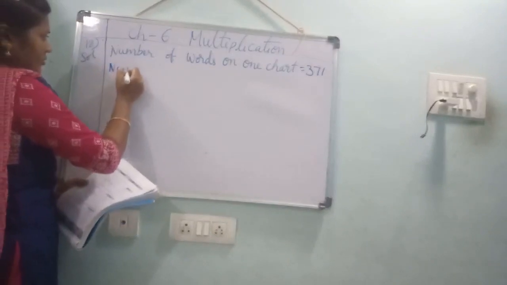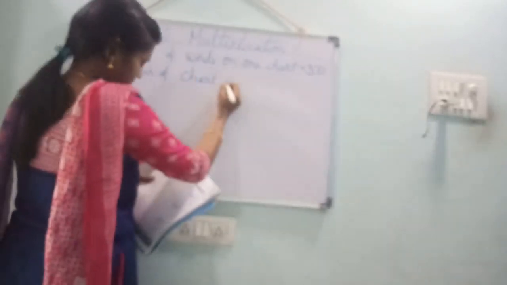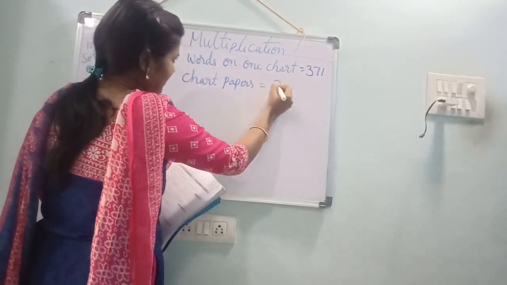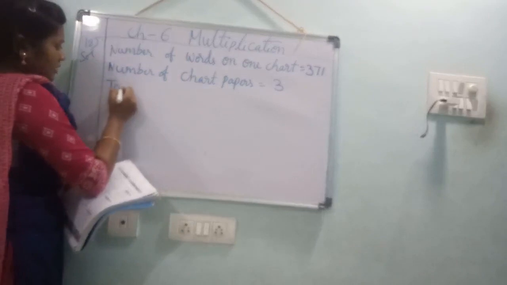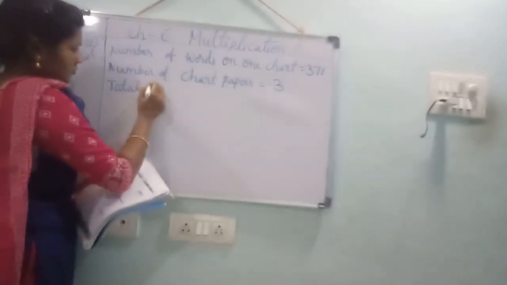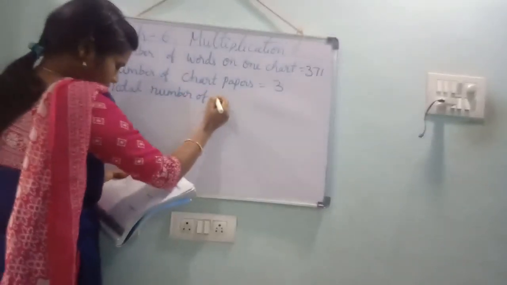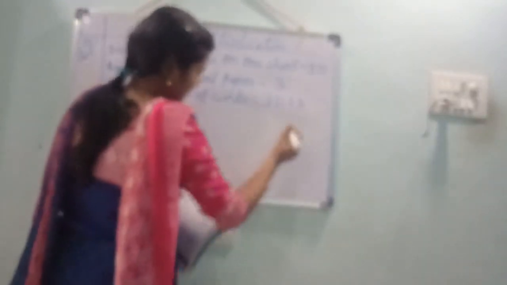Number of chart papers. How many? 3. Now, total number of words is 371 into 3.